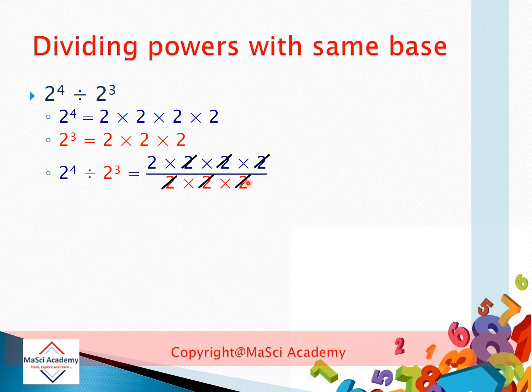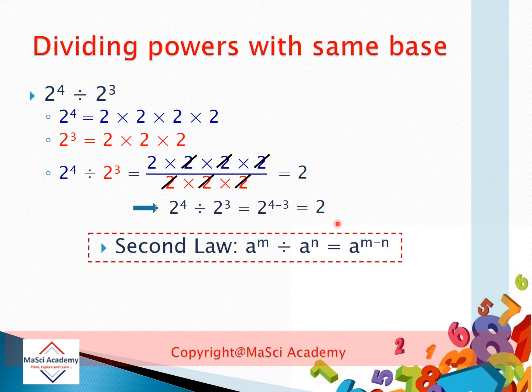Here the common factors get cancelled out and we are left with just one 2. If we observe, the powers of the two exponent numbers have been subtracted to get the power of the result, that is 4 minus 3 becomes 1. So the answer is 2 to the power 1, which is 2. This is called the second law of exponents.